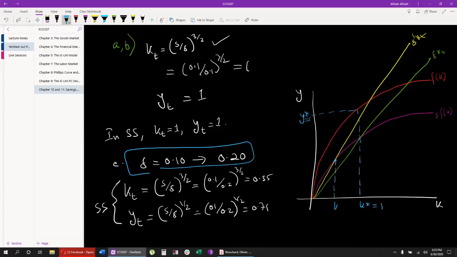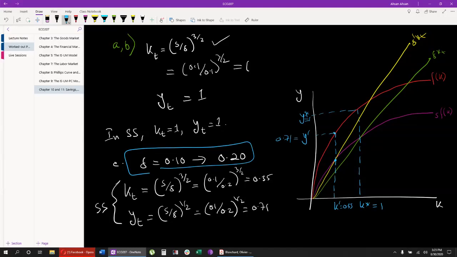Let's call this K prime. This now is our new output, and we have already calculated their values. This is 0.35 and this is 0.71.